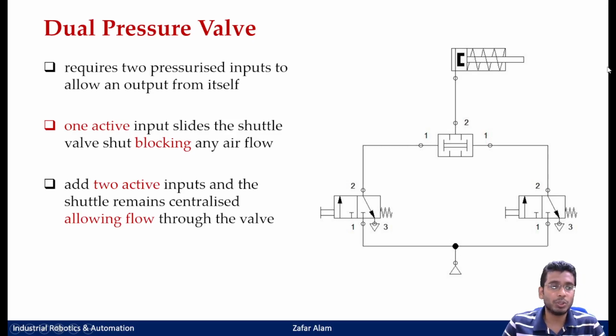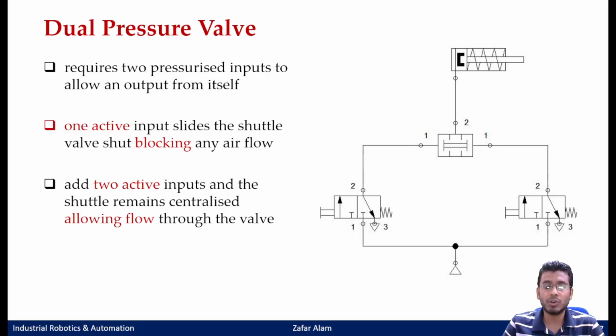Okay, so as it says, one active input slides the shuttle valve and shuts the airflow towards any direction. If you add two active input devices, only then does it allow the fluid to flow. So when I'm saying a fluid, I'm saying it is both liquid in case of a hydraulic system and air in case of a pneumatic system.